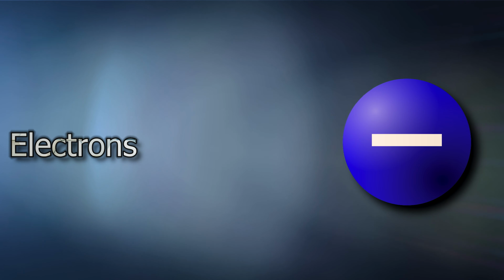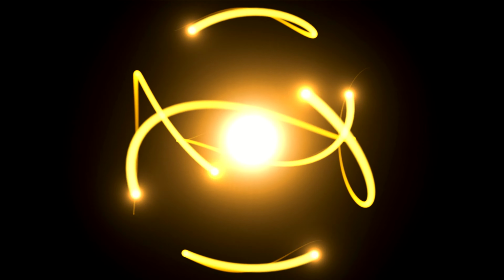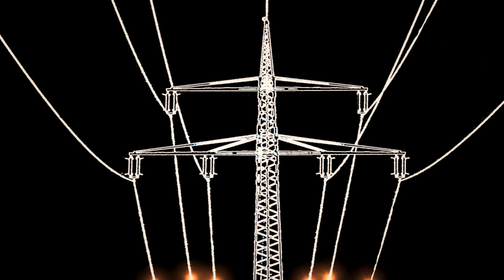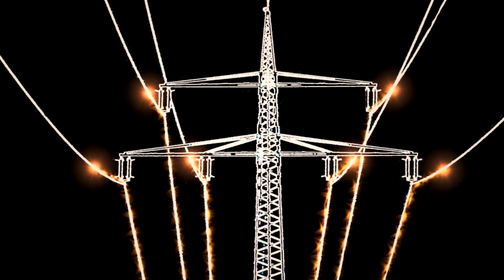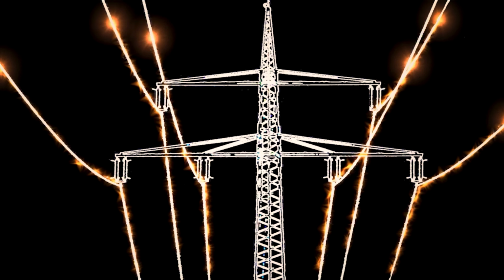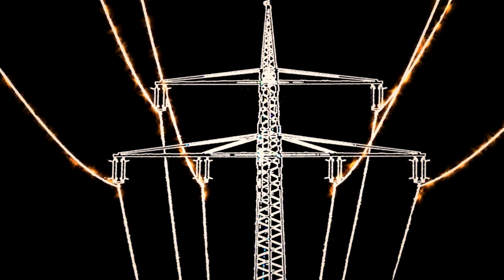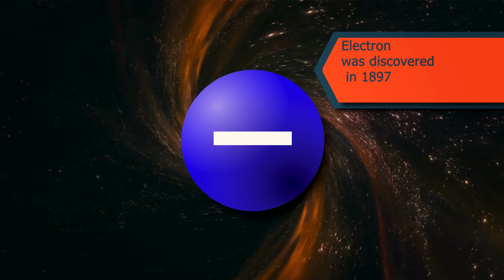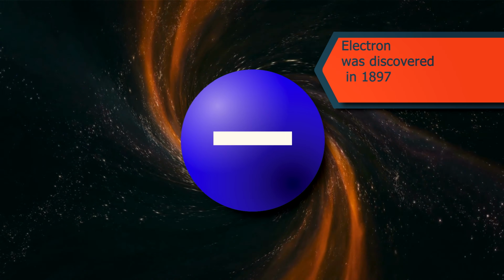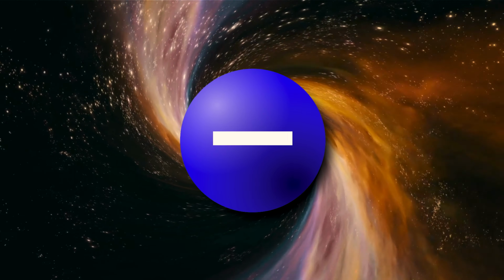Electrons, the tiny particles we're about to explore, play a crucial role in this phenomenon. Fast forward to modern science, and we've identified electrons as the subatomic particles responsible for carrying electric charge. The electron, discovered in 1897, is at the heart of understanding the atomic world.